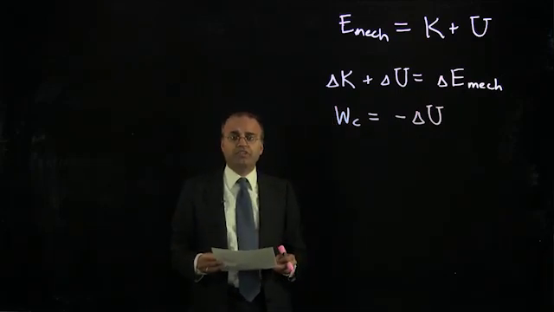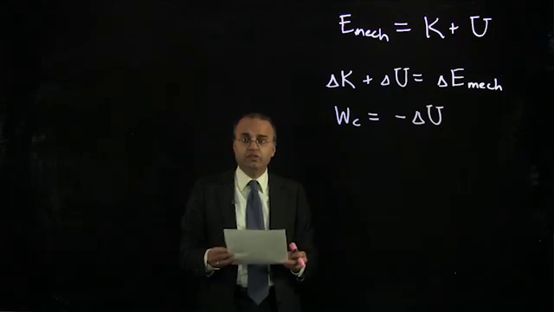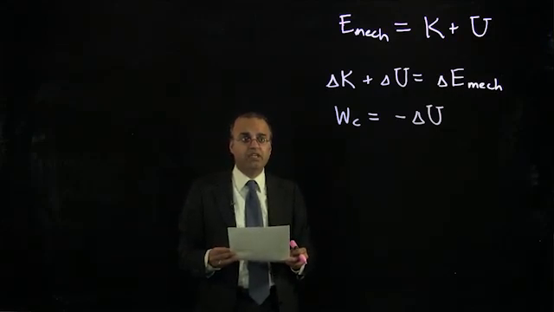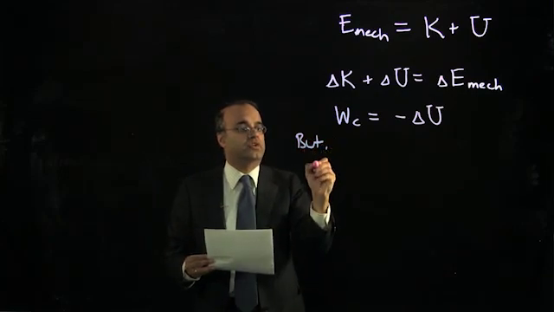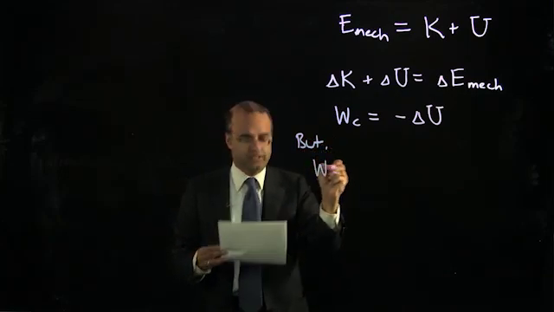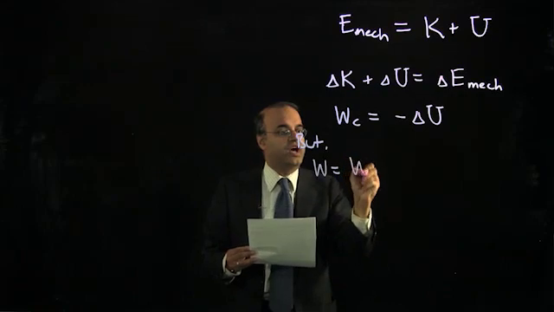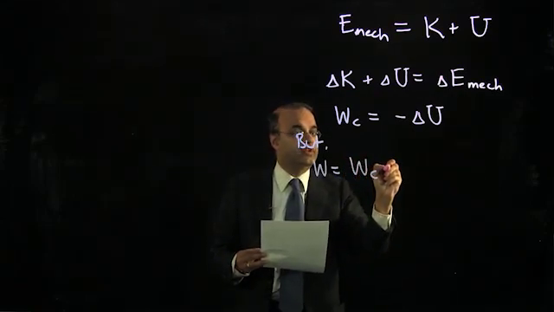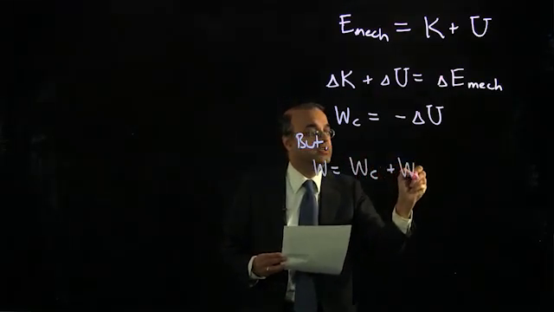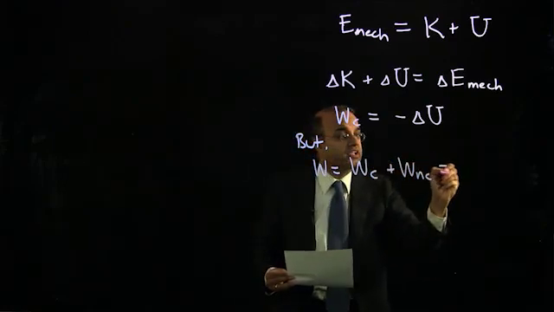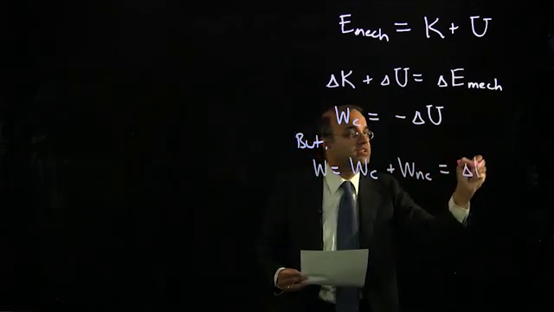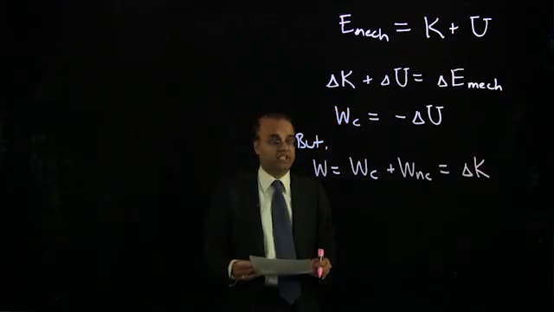But we also know that the total work done includes both conservative and non-conservative forces. So the total work done is equal to the sum of W sub C, the conservative work done, plus the non-conservative work done, and that total work is equal to the change in kinetic energy.